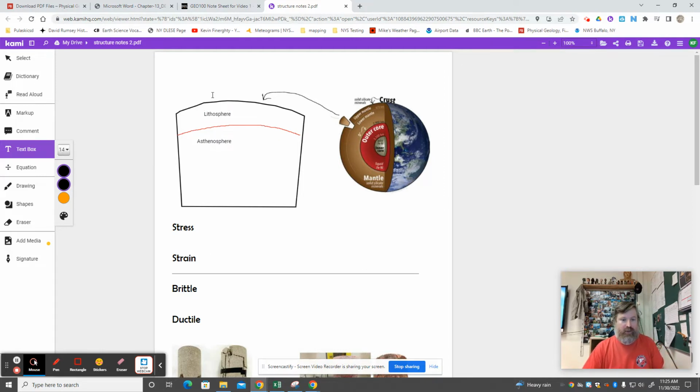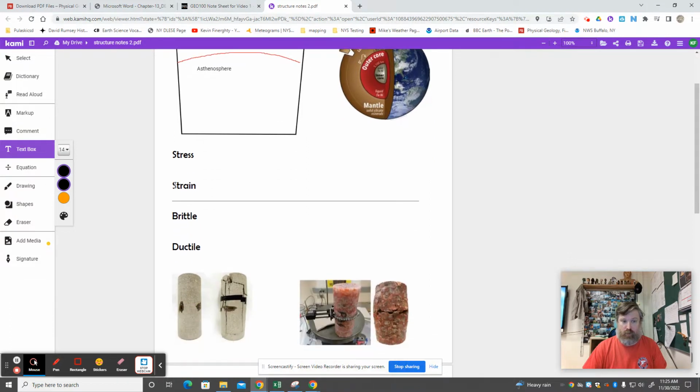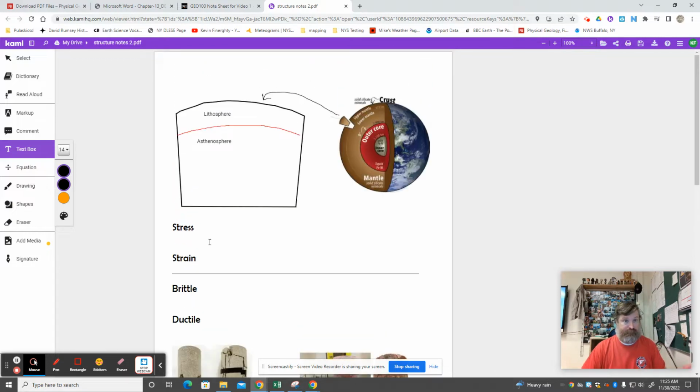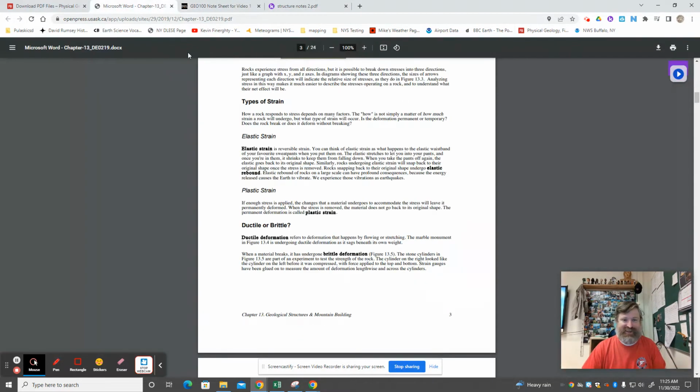You'll want that. I'm not saying it's not important because I'm not writing it. I'm just simplifying for today to say, what's the difference between what goes on in the lithosphere and the asthenosphere with stress and strain, and then within strain, brittle and ductile deformation. Sound like a plan? Sound exciting?